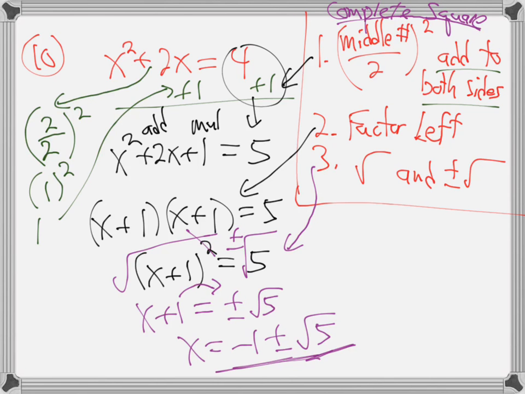How are we doing? That good? So we're able to get x alone using this technique. We wouldn't have been able to do it with the old technique. No questions? How many got it? How are we doing? Okay, that's good.